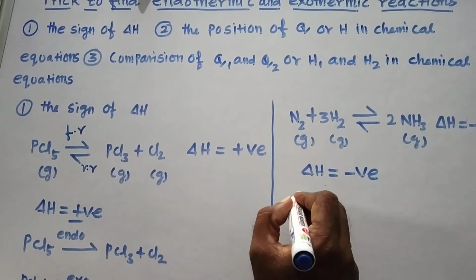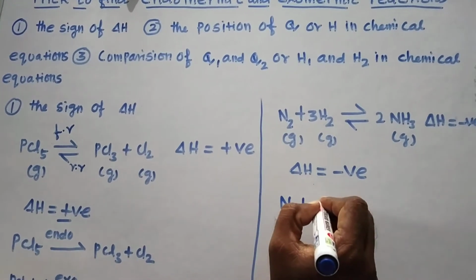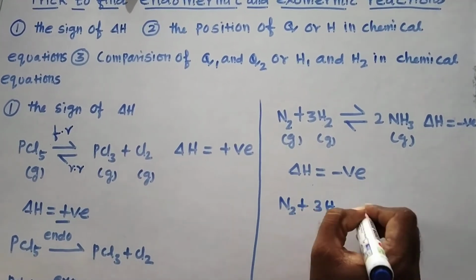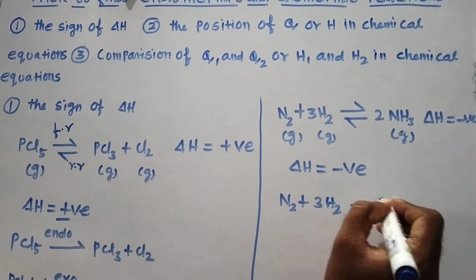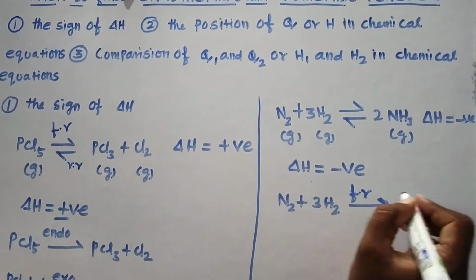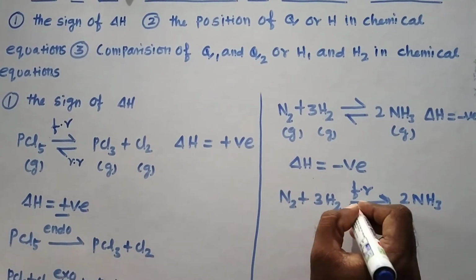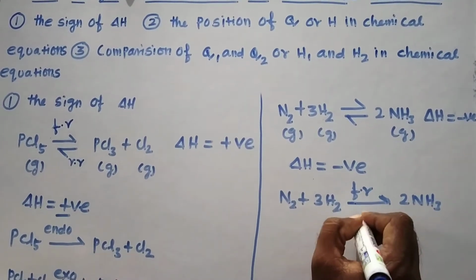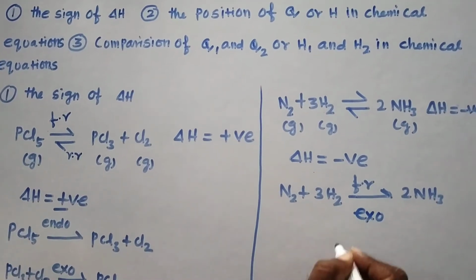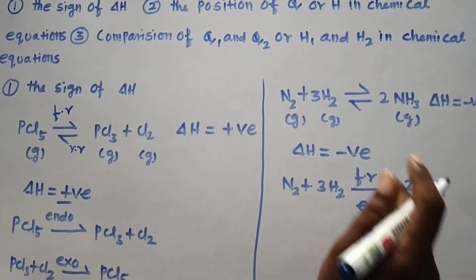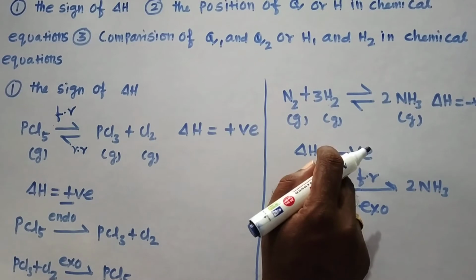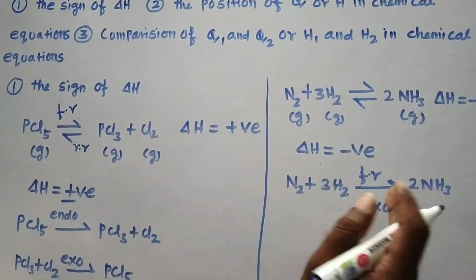It means N2 plus 3H2, the forward reaction FR, to give 2 molecules of ammonia is an exothermic reaction in nature. This reaction is exothermic because the delta H value is negative. It indicates that the forward reaction is exothermic in nature.